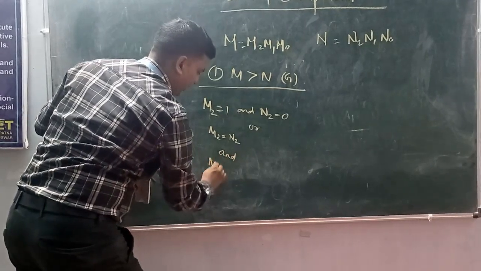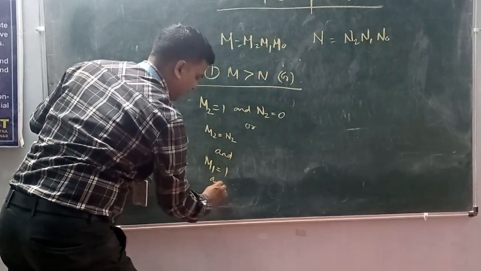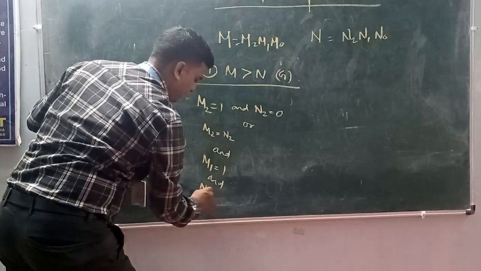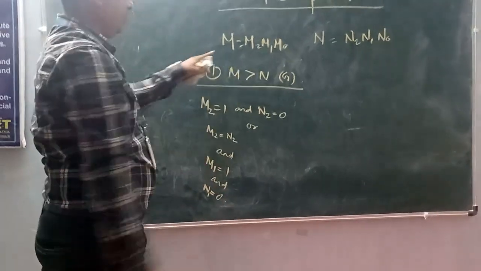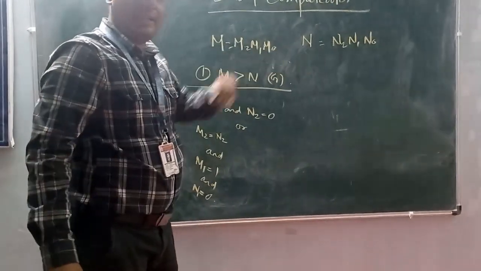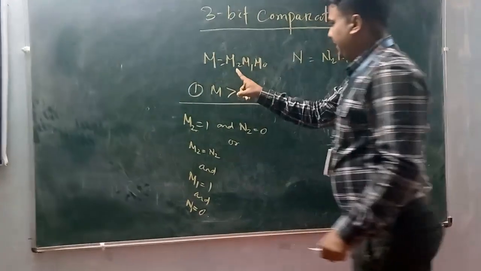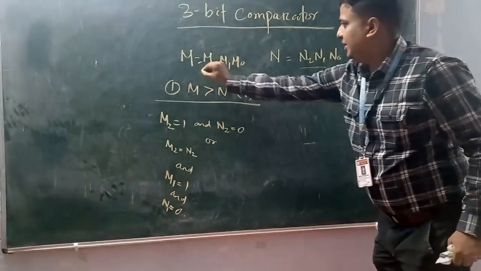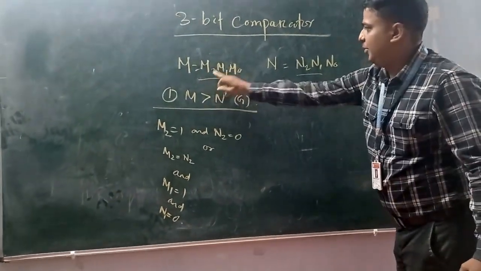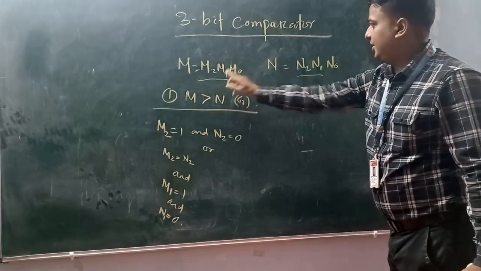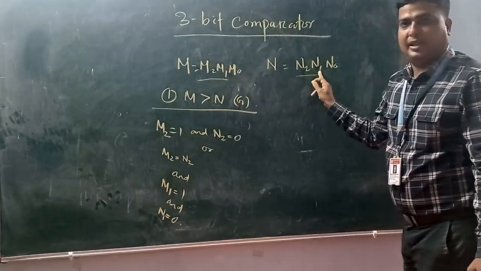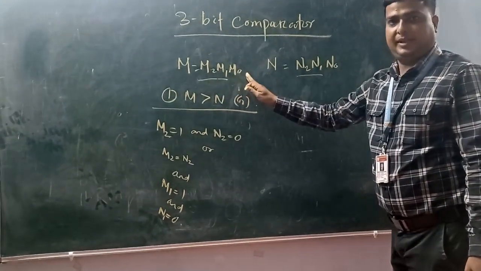M1 must be 1 and N1 must be 0. Then only we can say that M is greater than N. If M2 equals N2 and M1 equals N1, then we go for the last bit, M0.